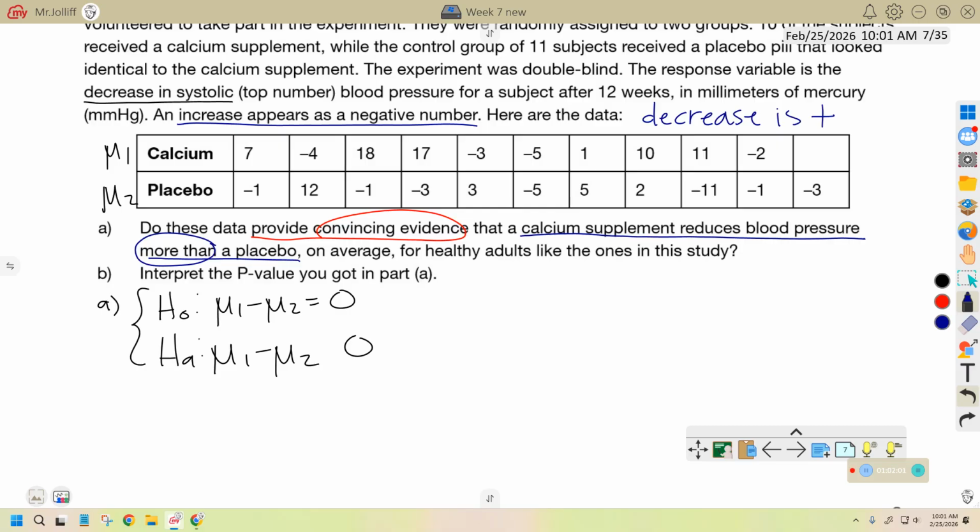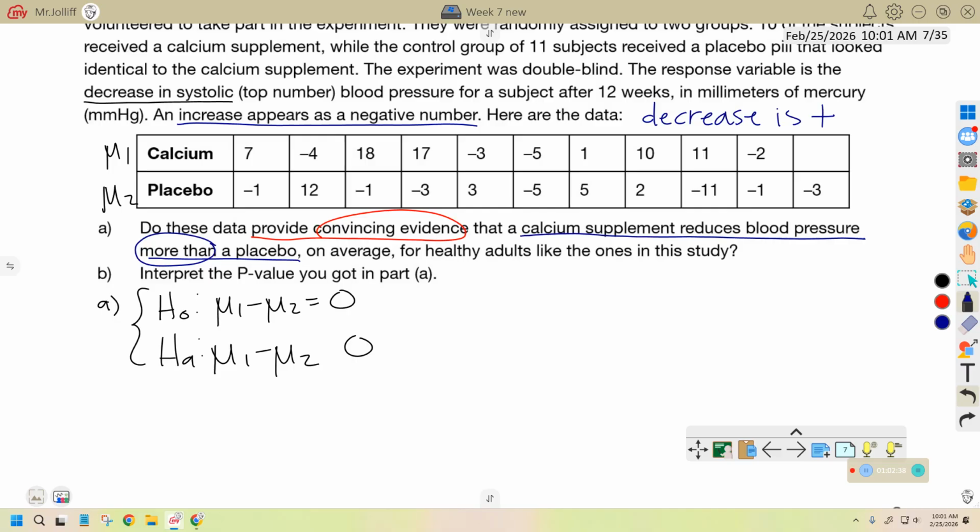And they are asking, do calcium supplements reduce blood pressure more? And if reducing, decreasing is positive, the more I decrease, the more positive my number will be, yes? So if calcium is better than placebo, I should have a bigger positive number for calcium than I do for placebo, yes? So decreases in blood pressure are represented by positive numbers.